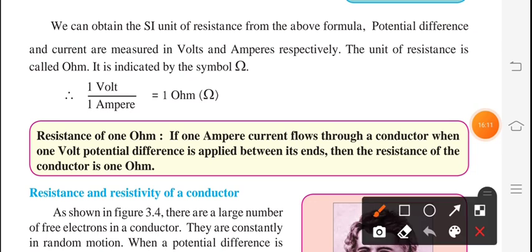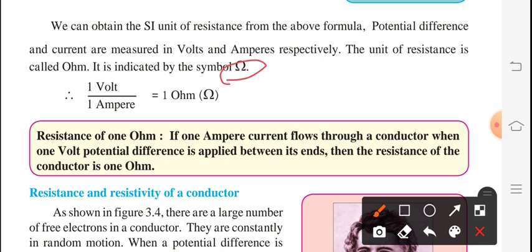We can obtain the SI unit of resistance from the above formula. Potential difference and current are measured in volts and amperes respectively. Then the unit of resistance is called Ohm, because it was discovered by scientist Ohm. This is the symbol for Ohm.